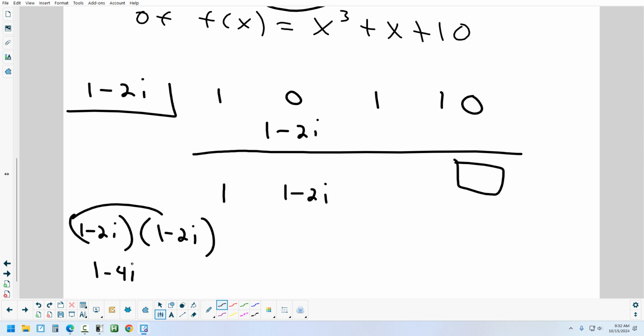And what's negative 2i times negative 2i? As simplified as you can give it to me. Negative 2i times negative 2i. Yep, negative 4. Correct. That is negative 4. Okay, combine like terms. 1 minus 4 gives me negative 3, minus 4i.